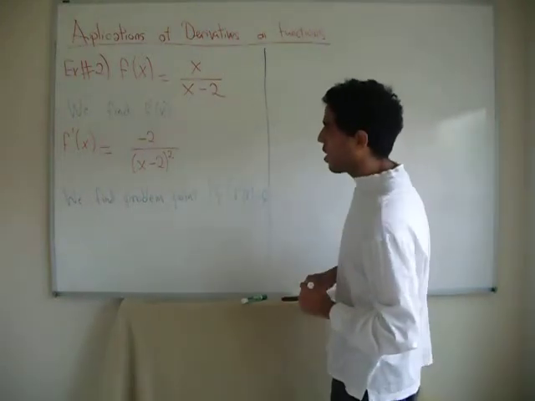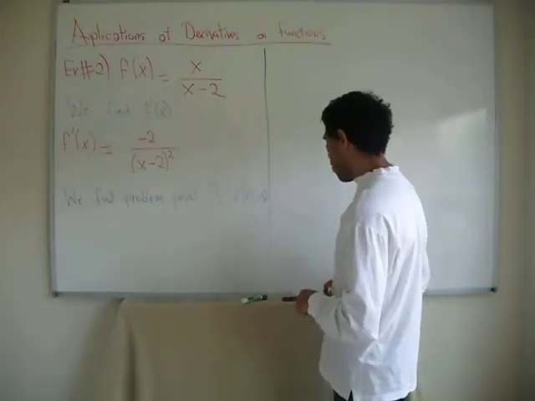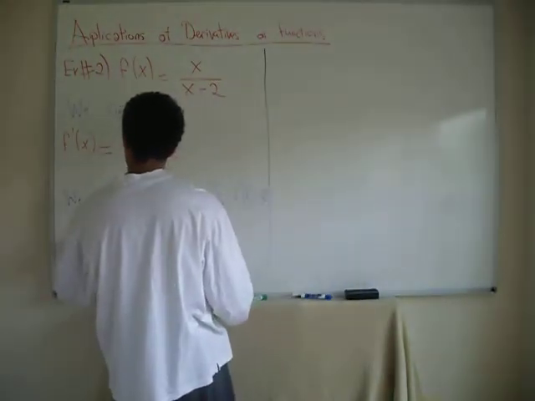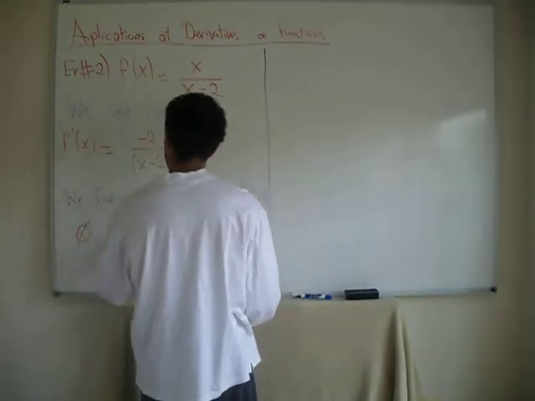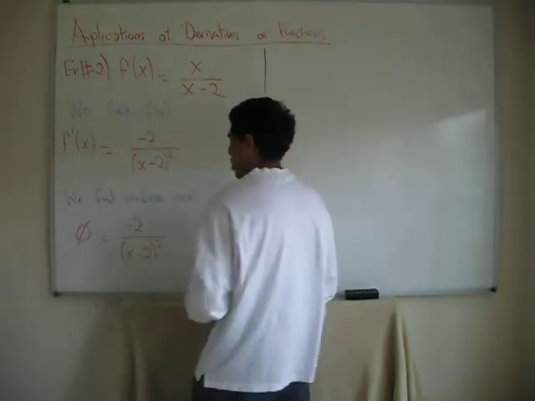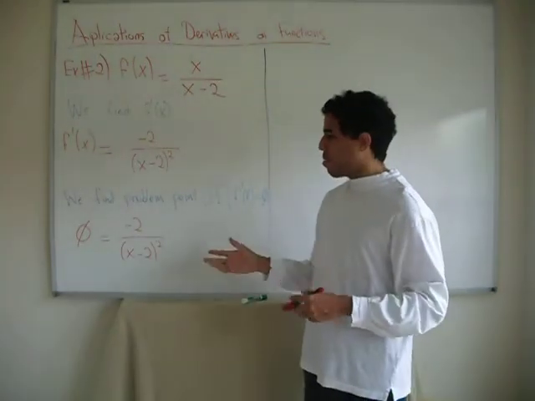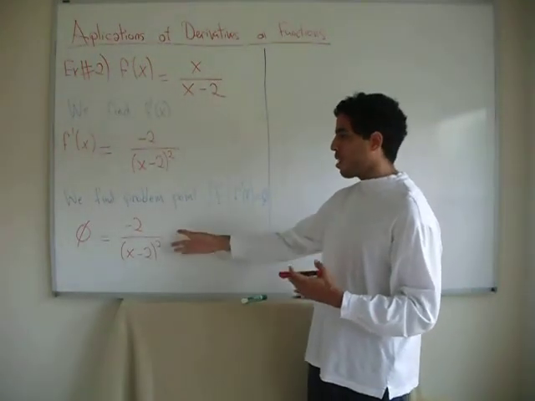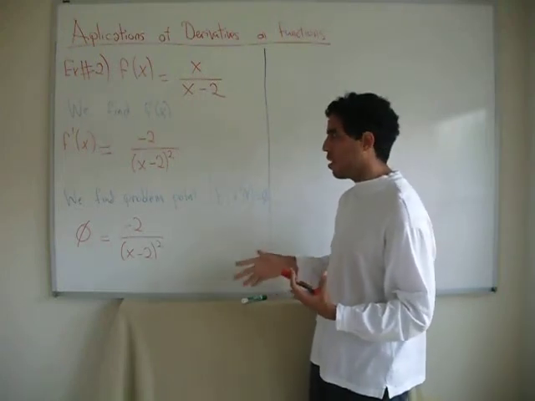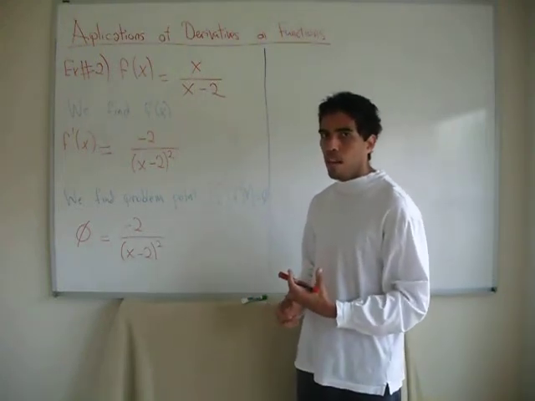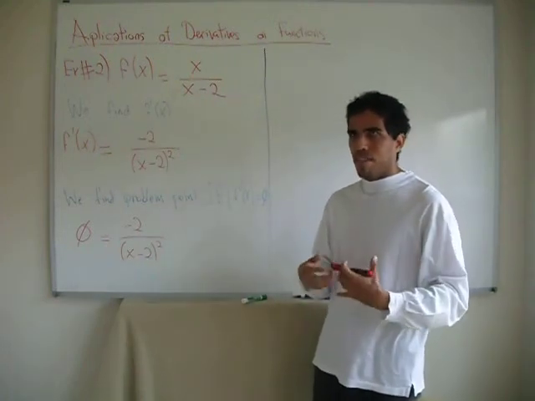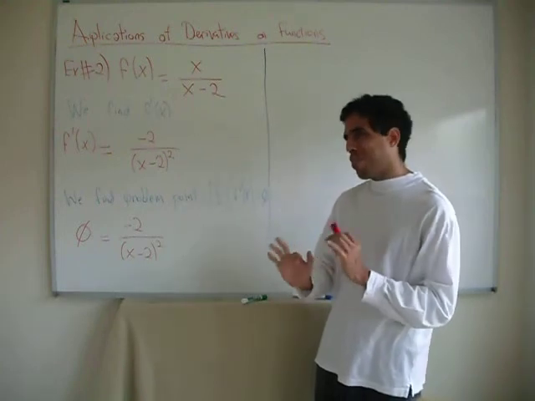But in this case, if I make f prime equal 0, it would look like this: 0 equals minus 2 over x minus 2 squared. And there's no way to make this expression 0. So there isn't a point that makes the first derivative 0, but there is a problematic point, an issue point, where something is not right.